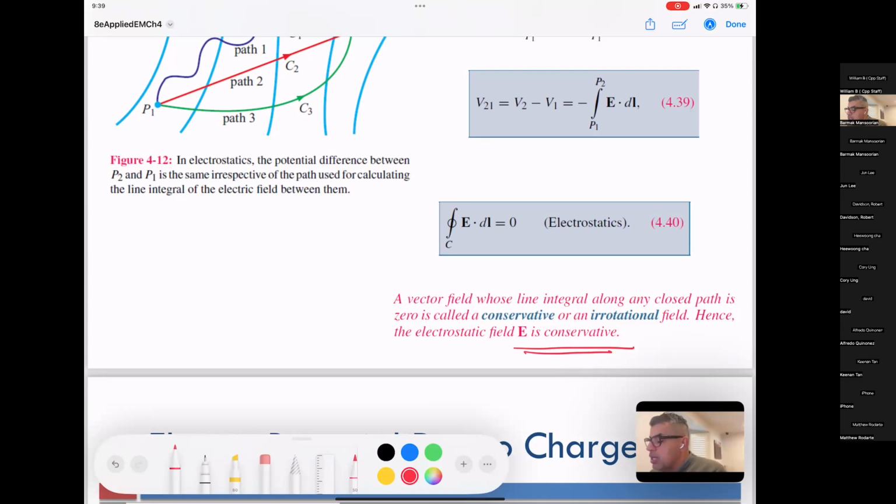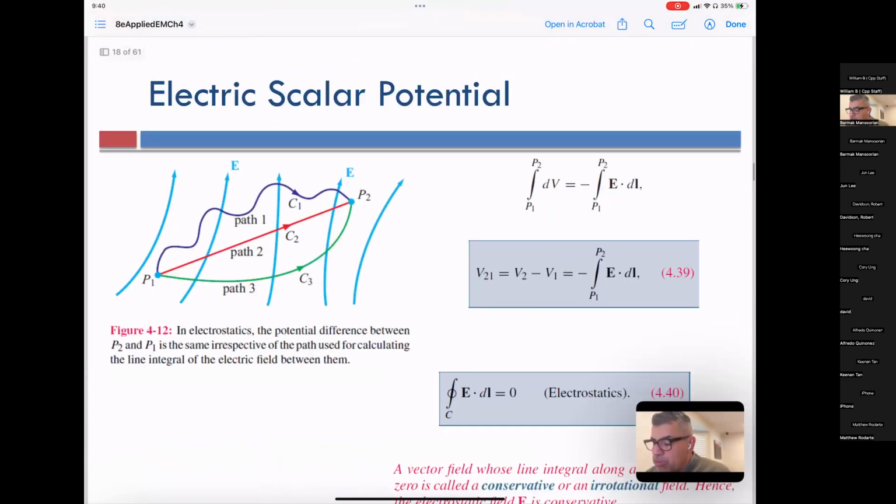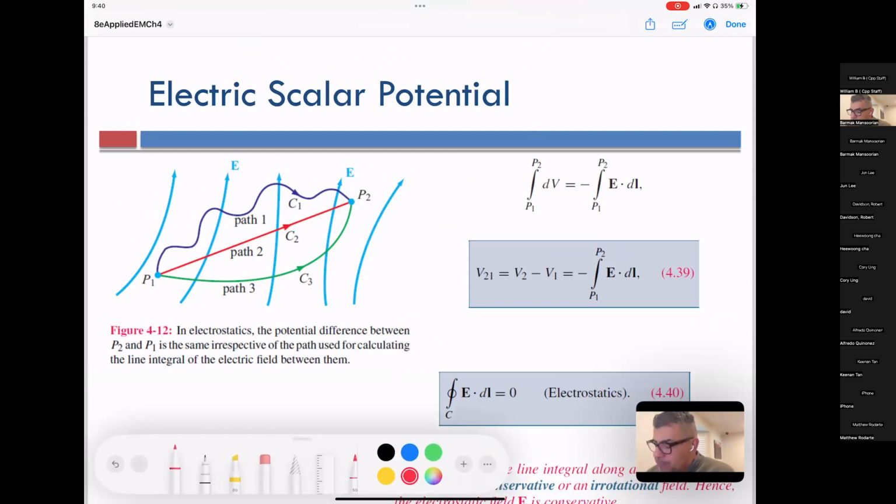It's not guaranteed that a vector field has to be conservative, but the electric field is. What does being conservative mean? It means that if I take the electric field around any closed path, it always comes to zero.